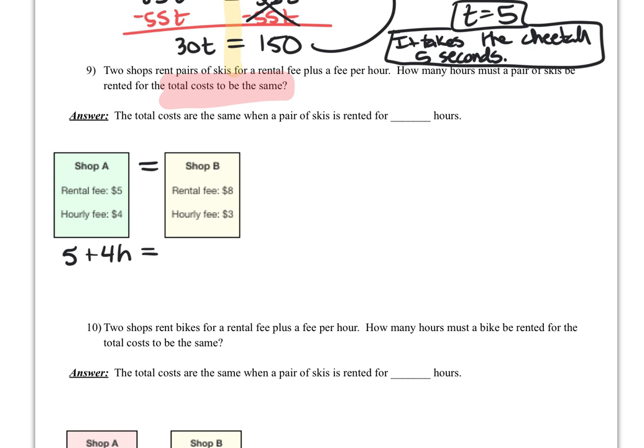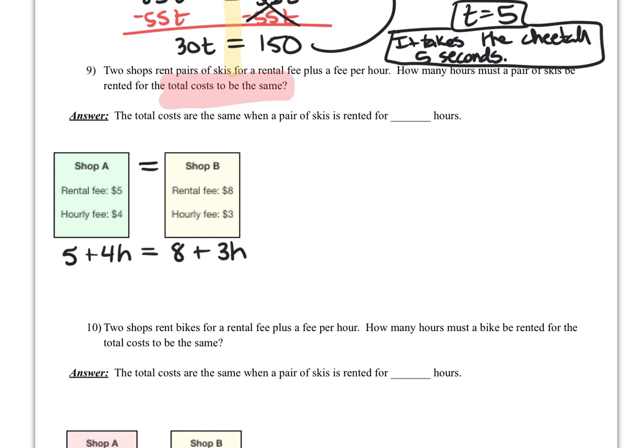So do the same thing with shop B. What's our rental fee? $8 plus our hourly fee times, do we know how many hours? Nope, so we do plus 3H. Now we're set up. Solve it. I got a variable term and a constant on both sides. I don't care which one you move. I like to always move the smaller one.